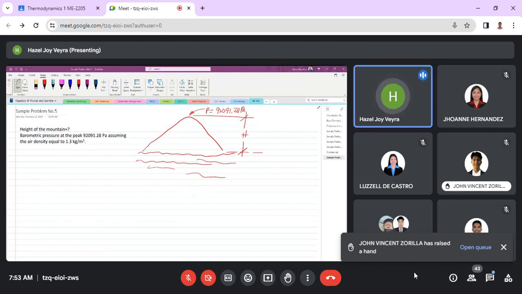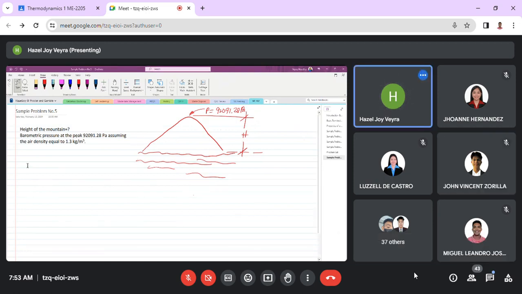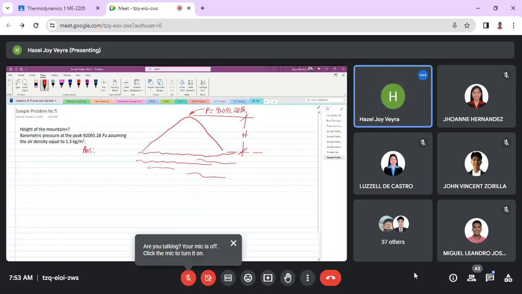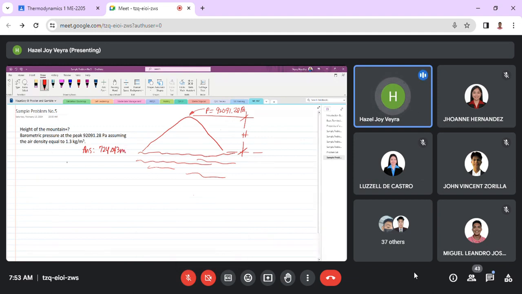So the answer is 724.043 meters. So let's solve now for those who did not get the answer.